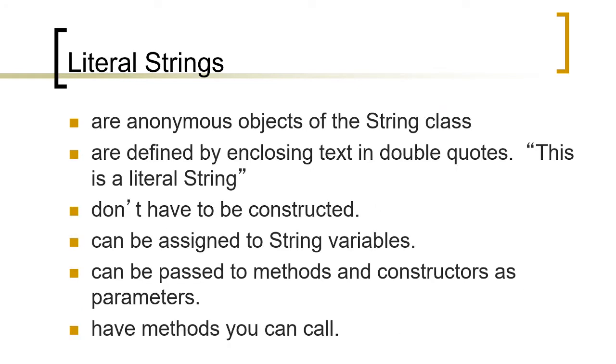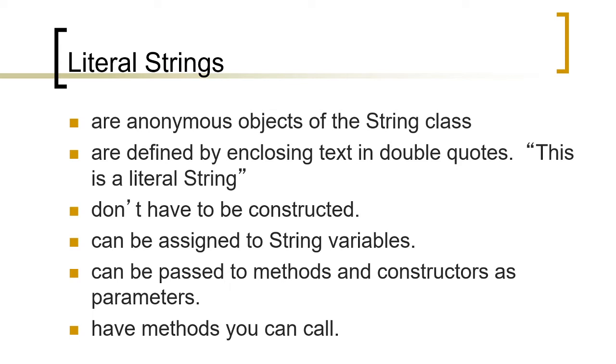Literal strings, as we have discussed in our previous videos, are series of characters enclosed in double quotes, and they don't have to be constructed. That means they don't need to be instantiated using the new keyword. Once you assign a string literal to a string reference data type, it is already created.